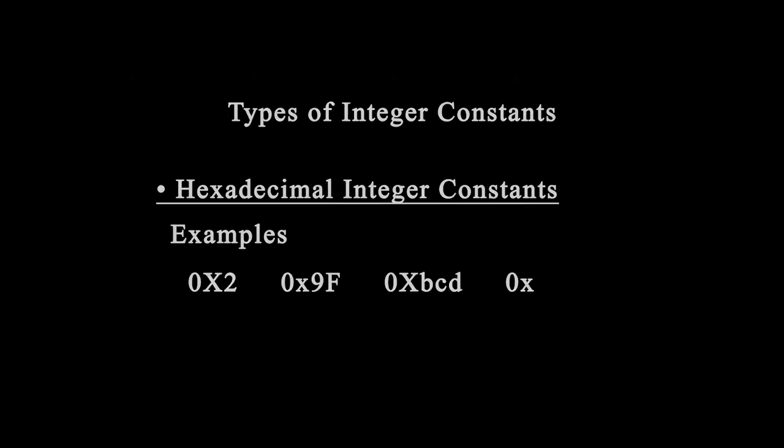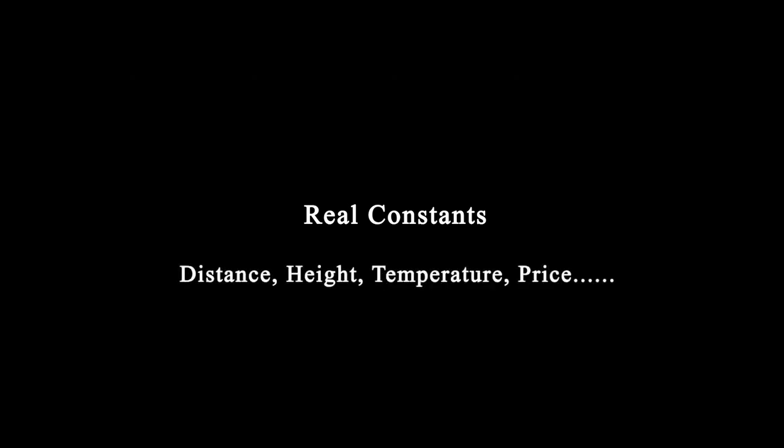Now let's move on to the real constants, which are the second variety of numerical constants. Integer numbers are inadequate to represent quantities that vary continuously, such as distance, height, temperature, price, and so on. These quantities are represented by numbers containing a fractional part like 17.548.